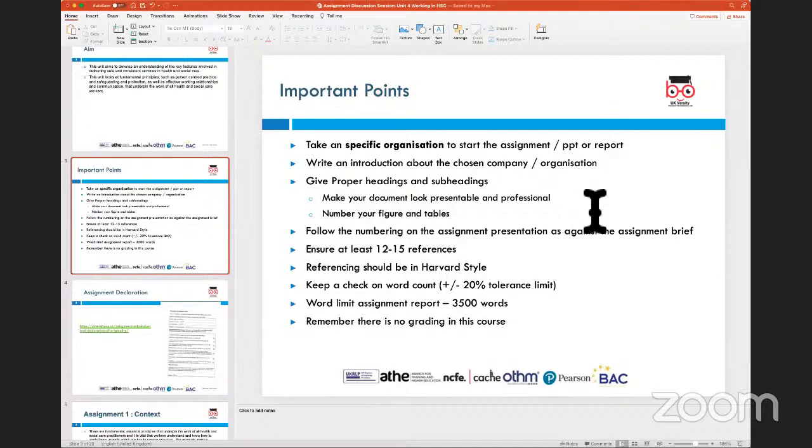So at this stage, what I would suggest is you're looking at an assignment between 3,500 to 4,500 words maximum, because when you look at assignments that you get when you go into a university, you would normally have a word limit, and if you go over that word limit, you're going to be penalized.